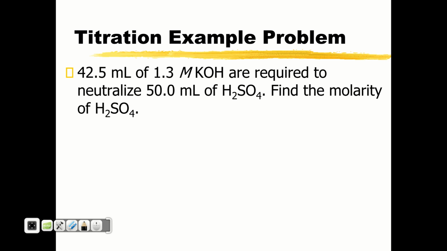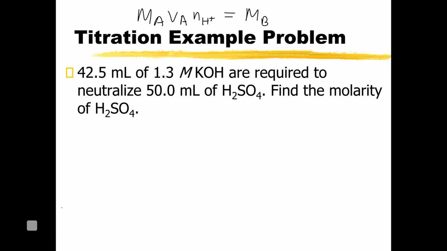Okay, so let's do an example here. Again, reading for context, getting our formulas right. My formula is MAVA times NH plus equals MBVB NOH minus. It says I have 42.5 milliliters of 1.3 molar KOH.